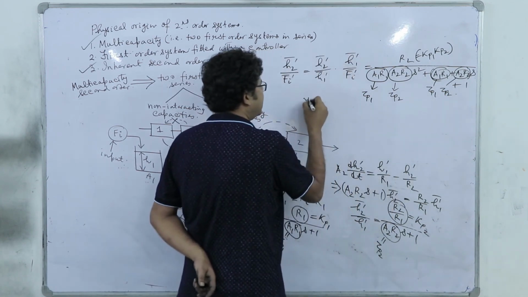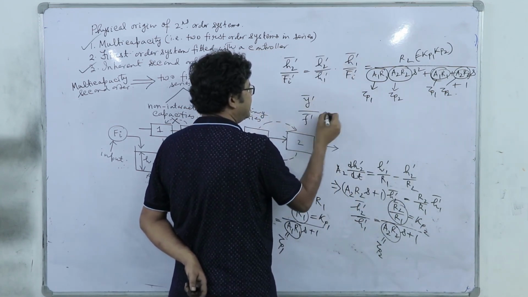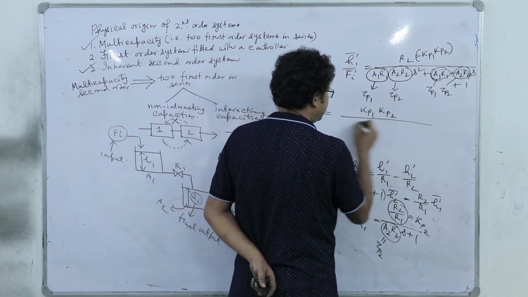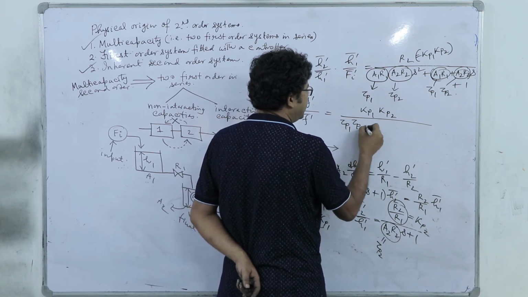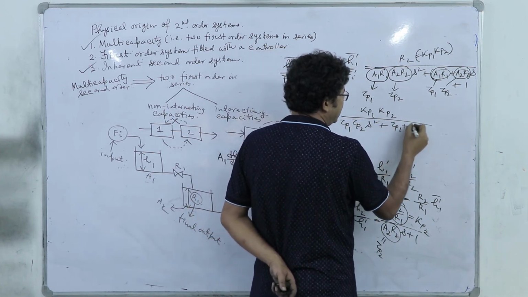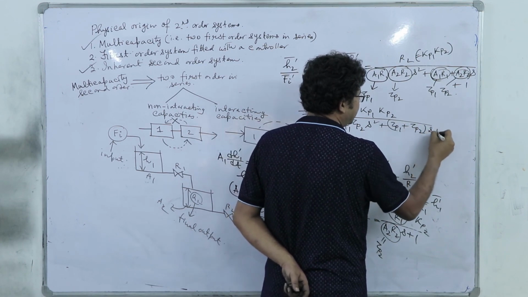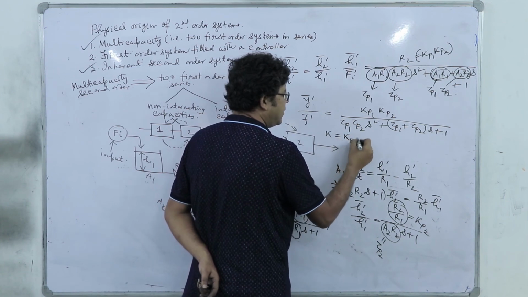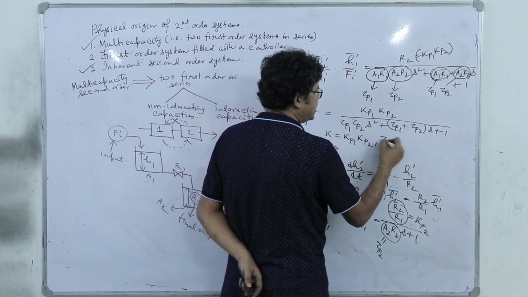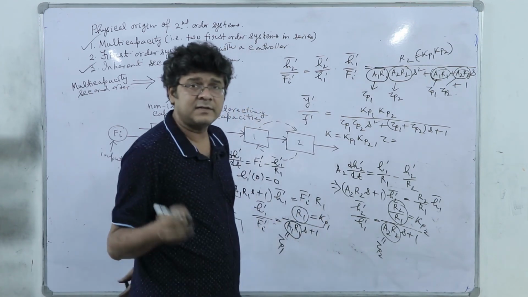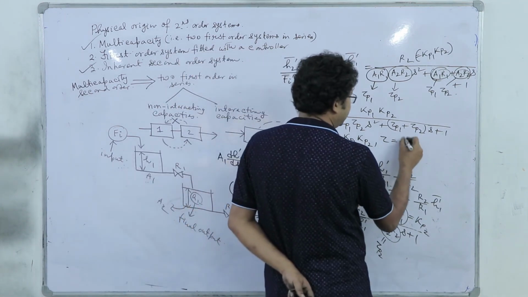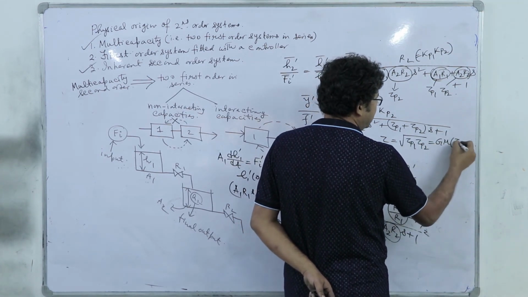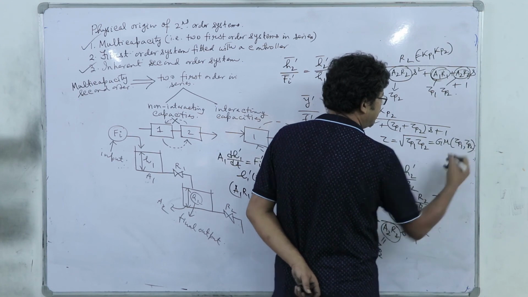So, in a sense, for non-interacting capacities, we will have Kp1 into Kp2 divided by [tau P1 tau P2 S square plus (tau P1 plus tau P2) S plus 1]. So, overall gain Kp is Kp1 into Kp2, tau, the natural period of oscillation of the resulting second order system, will be the square root of tau P1 into tau P2, that is the geometric mean of tau P1, tau P2.